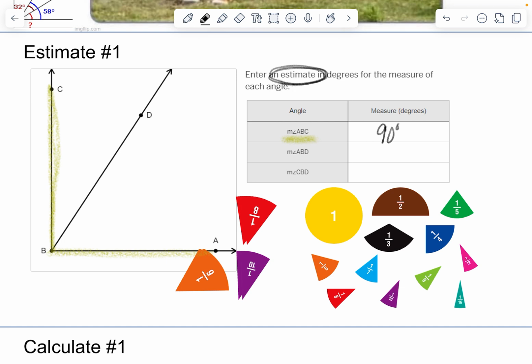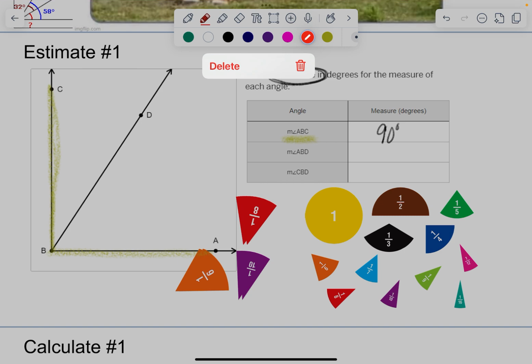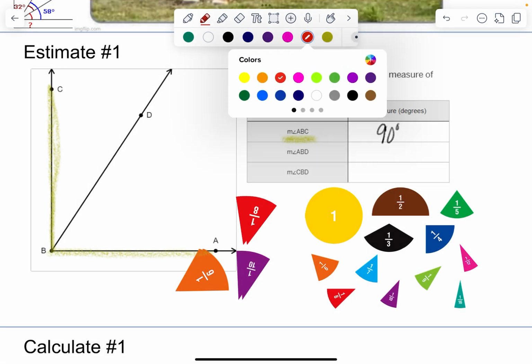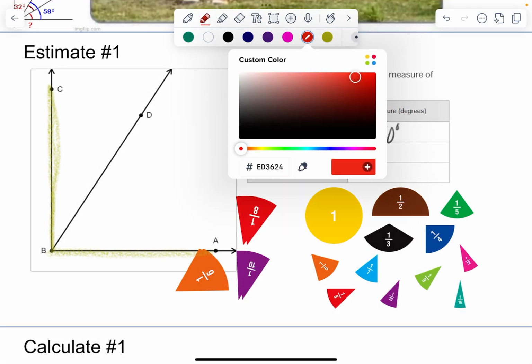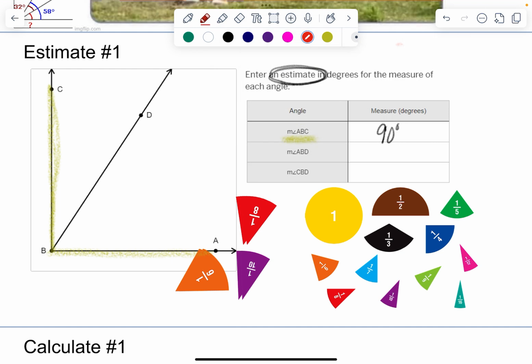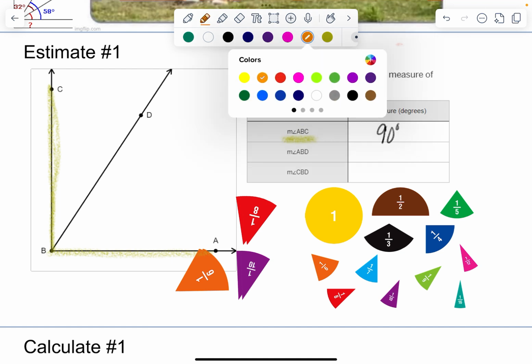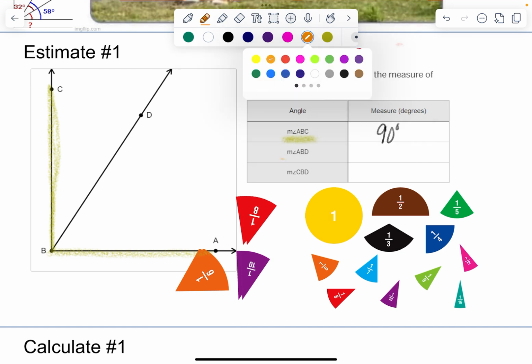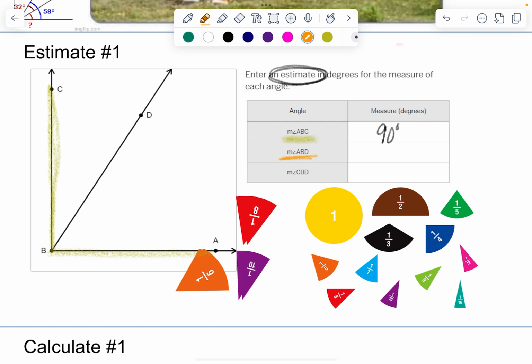But this piece, so angle A, I want to get angle ABD.